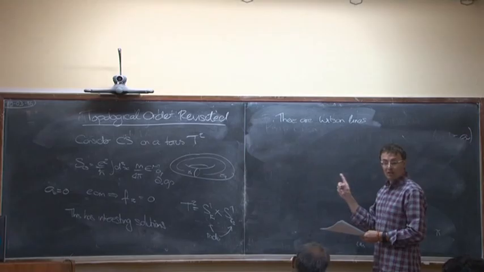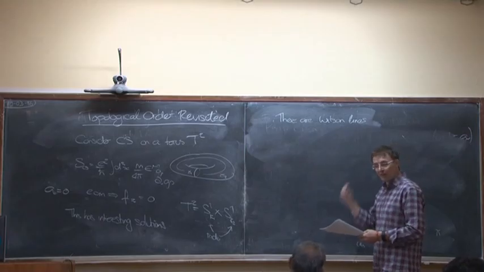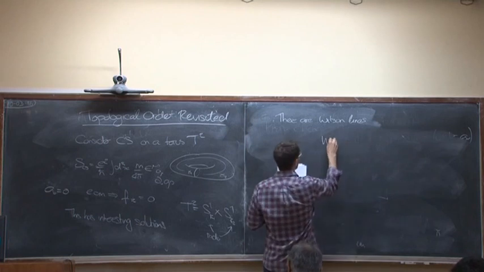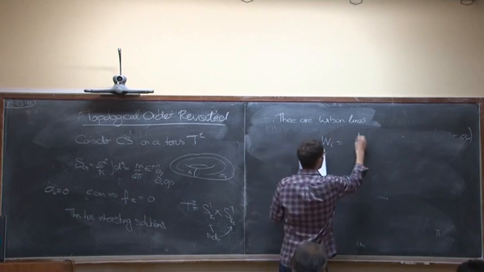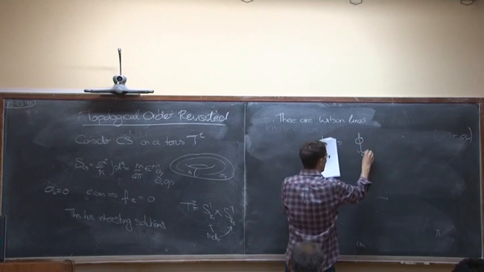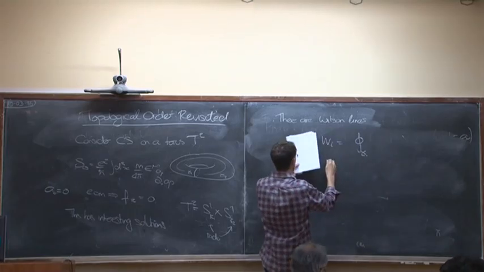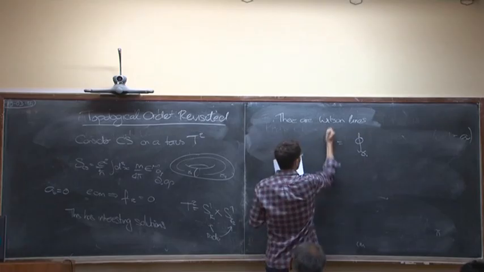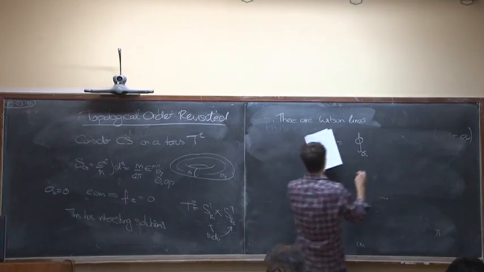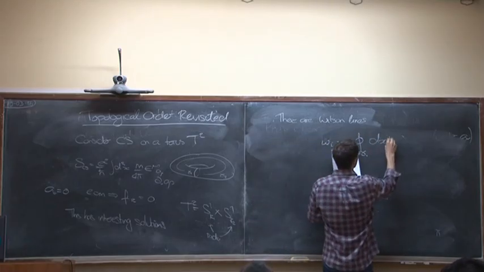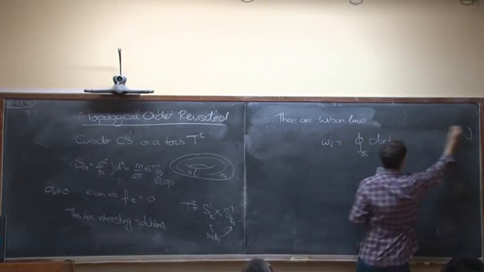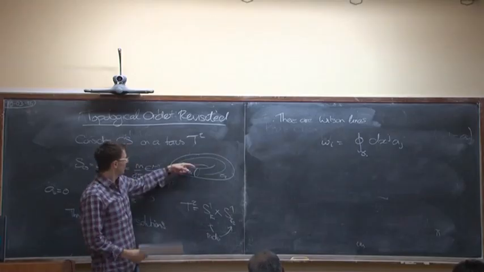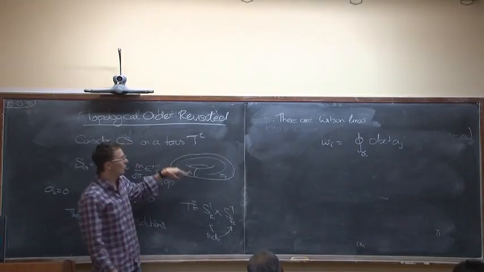We'll see that this Wilson line, as I'm about to write down, also is not quite gauge invariant, and I'm going to have to work a little harder to make that gauge invariant. So the Wilson line, little w_i, is just the integral of the gauge field around one of these two cycles.